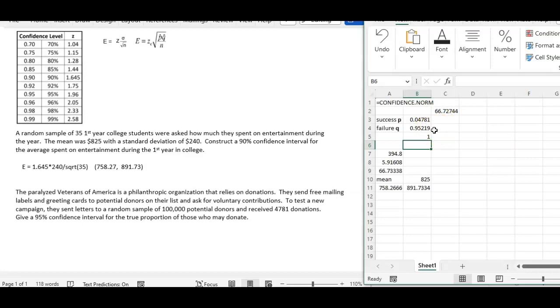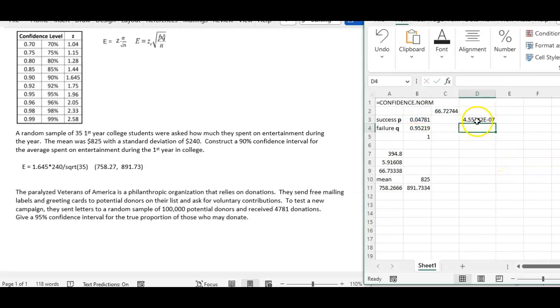So I'm going to multiply those two together and divide by n, and then I'm going to take the square root. So let's just take it one step at a time. I'm going to say p times q, and I'm going to divide all of that by n, which is my sample of 100,000.